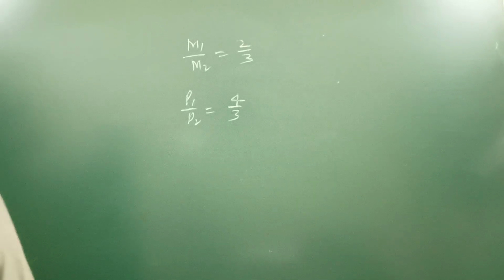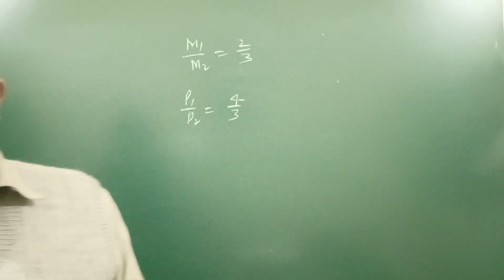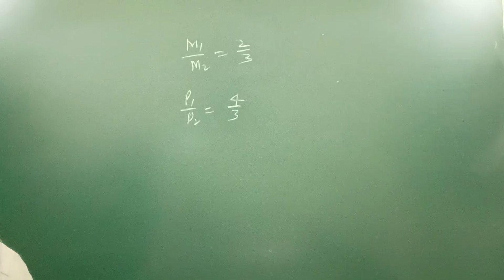Two non-reacting monoatomic ideal gases have atomic masses in ratio 2:3. The ratio of their partial pressures is given, when enclosed together in a vessel kept at constant temperature. What is the ratio of their density?